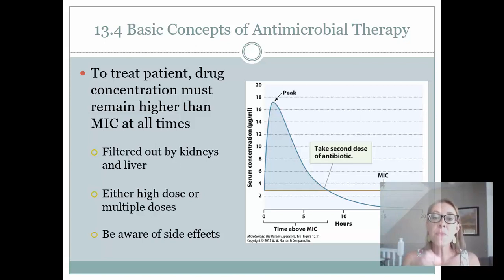And we have to maintain a concentration that is sufficiently above that MIC in order for that drug to be effective in fighting off that patient's infection. So pharmacists can go at this in a couple of different ways. They can have a single high dose of an antibiotic that is slow release.